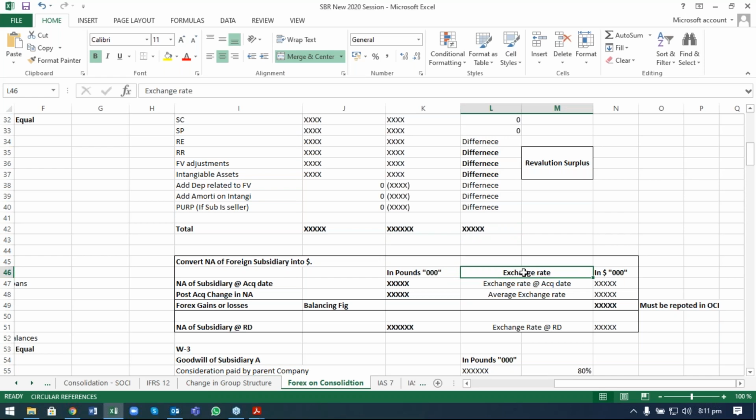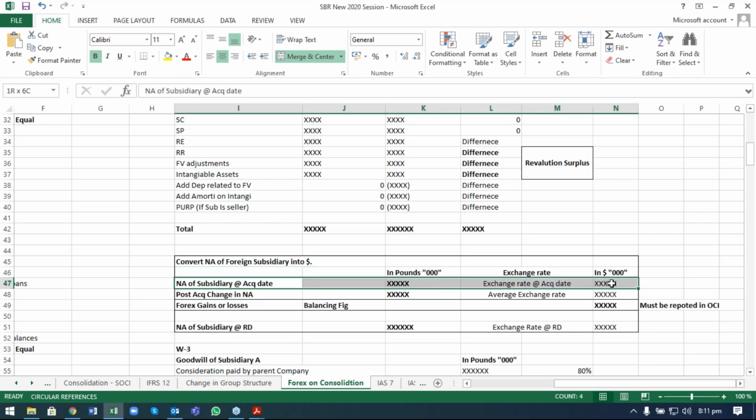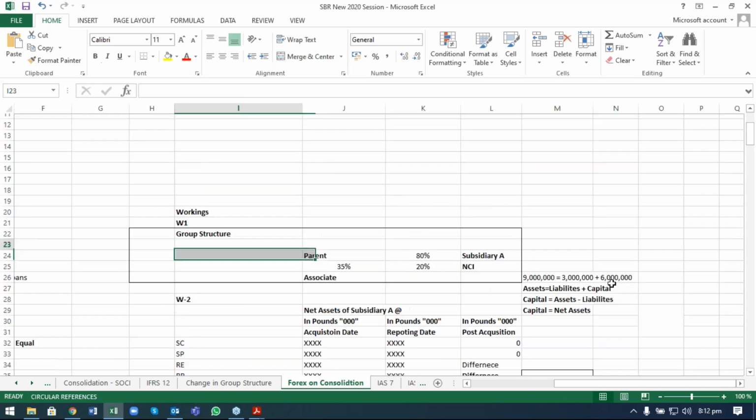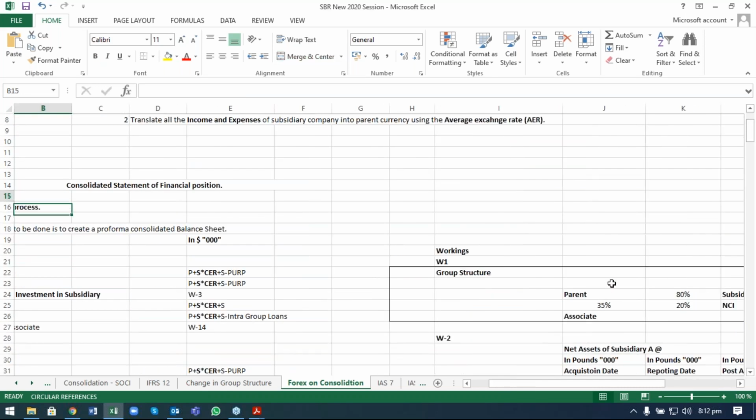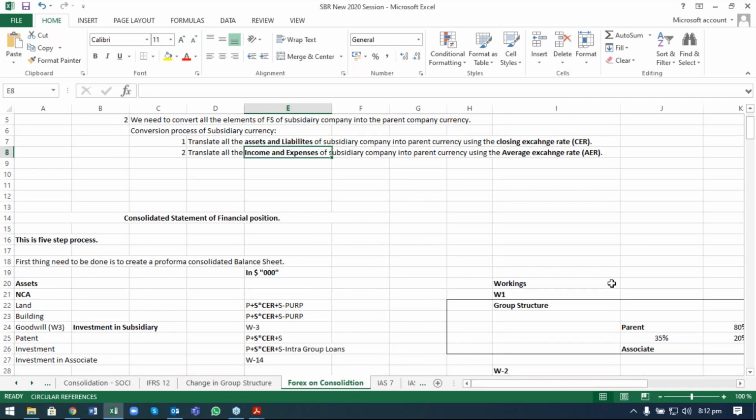IAS 21 specifies that within the consolidated financial statements, exchange rates must be applied. The opening exchange rate and the closing exchange rate must be applied to the assets and liabilities of the subsidiary. But for the income and expenses section, you have to use the average rate. These are the two requirements.